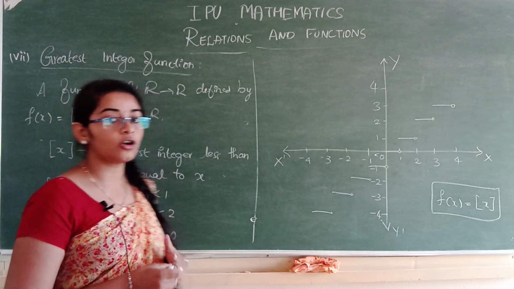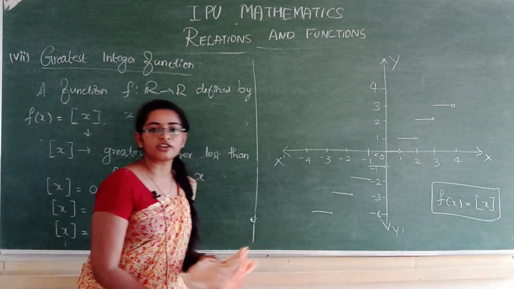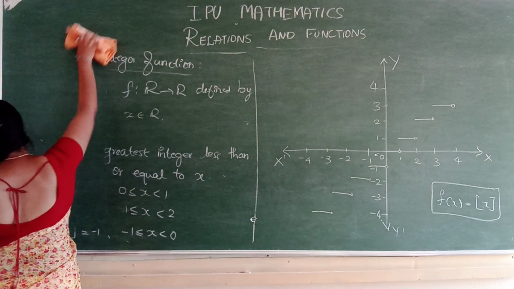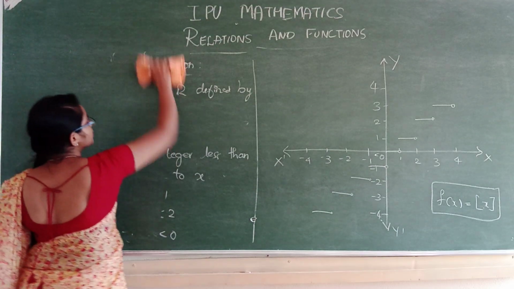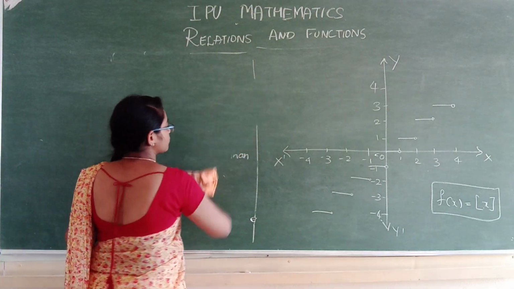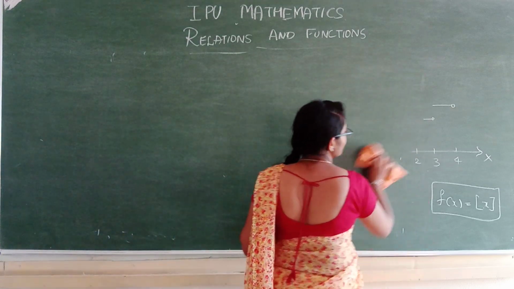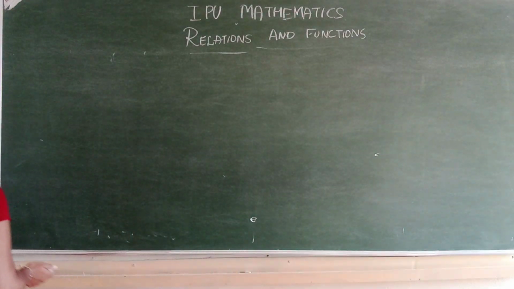This is about the special type of functions. Now let's move on to the algebra of functions. I hope this is clear for you. Now coming to the algebra of functions.